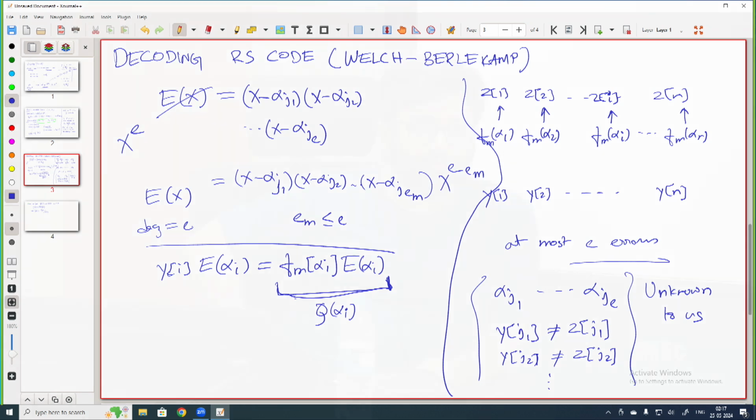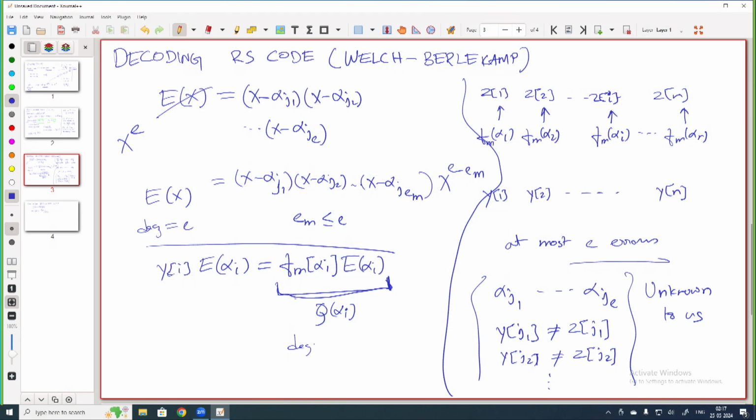It was a polynomial of degree k minus 1. So, the degree of the right hand side is exactly E plus k minus 1. That is correct. So, q would be a polynomial of this degree, and E is a polynomial of degree exactly E.